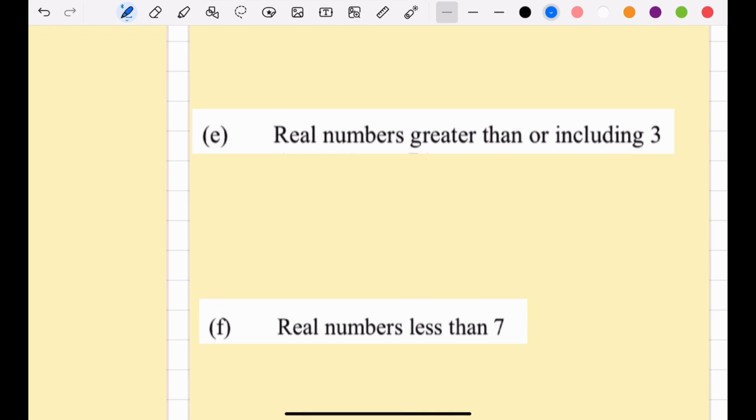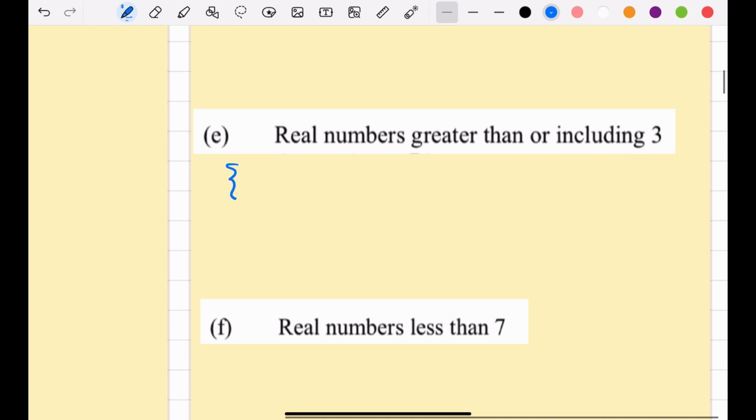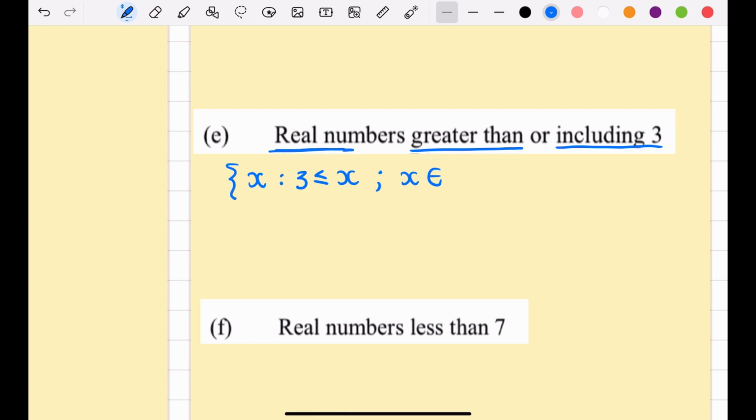So this next example says real numbers greater than or including 3. So once again, we start with our open curly bracket. We say for all x such that, and our restriction, greater than or including 3. So 3 is at the bottom, x is greater than or including, and then we say for all x an element of, and now we're talking about the real numbers, which are represented by this real number symbol.